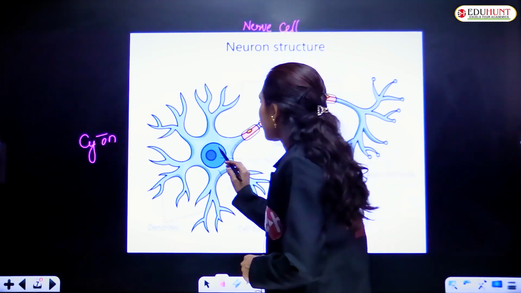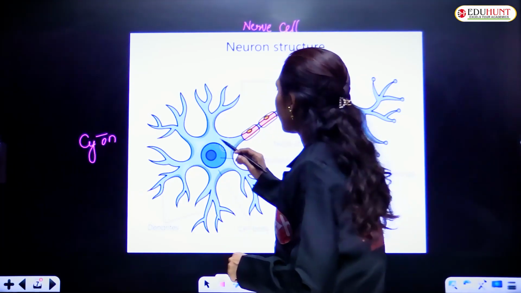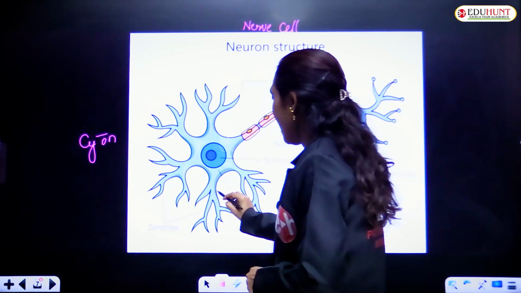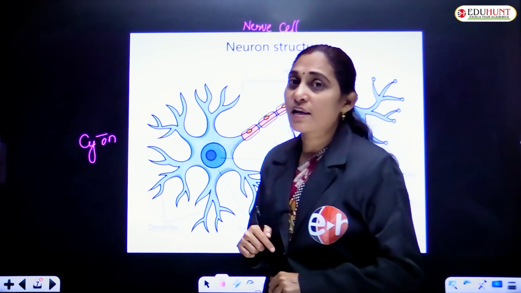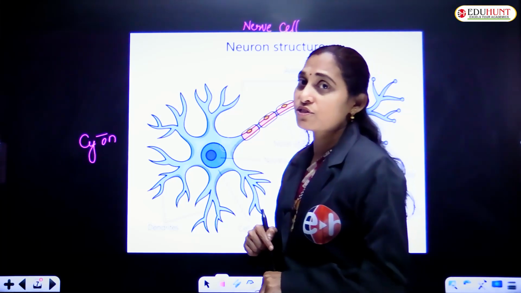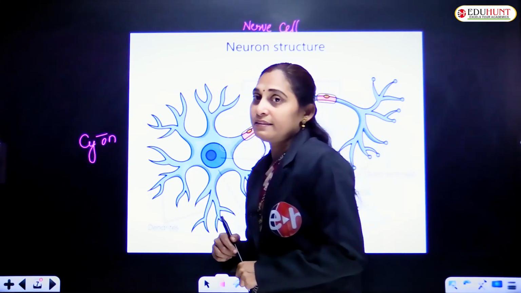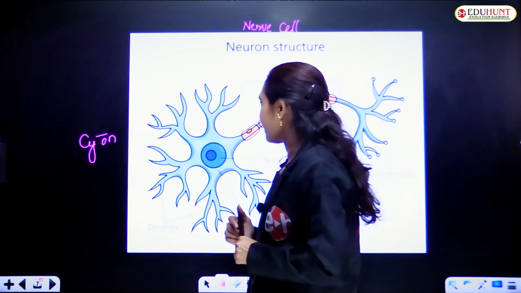This is the nucleus, which is very large and prominent, and the cytoplasm is dense. The branched fibrous extensions of the cell body are called dendrites, and they receive the signals.